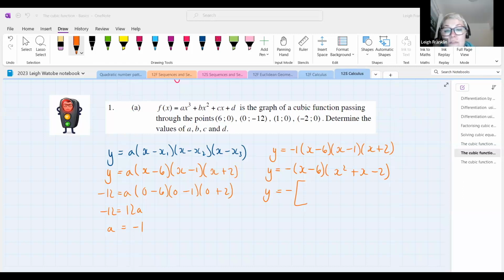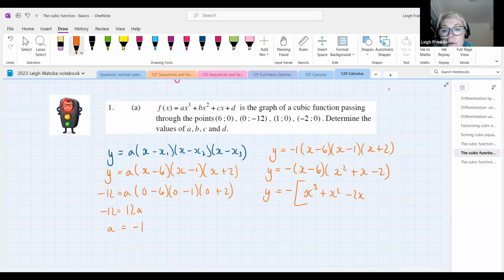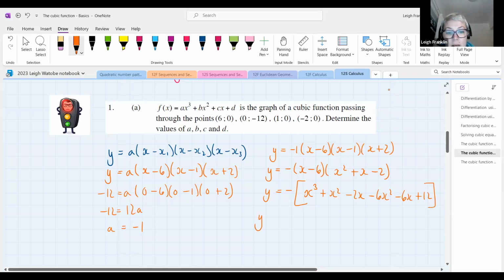So that gives us x cubed plus x squared minus 2x minus 6x squared minus 6x plus 12, and nearly there.